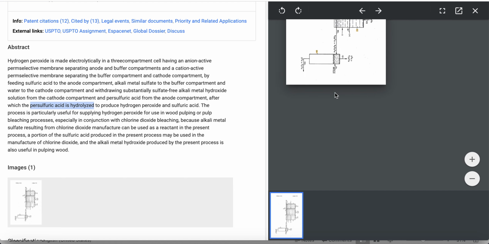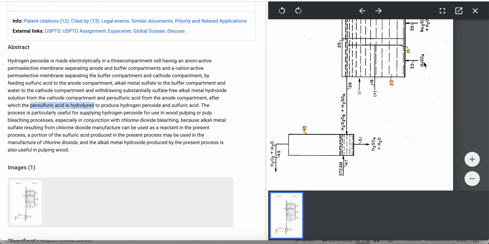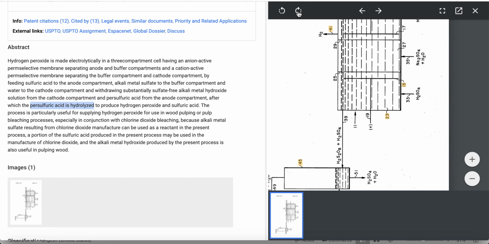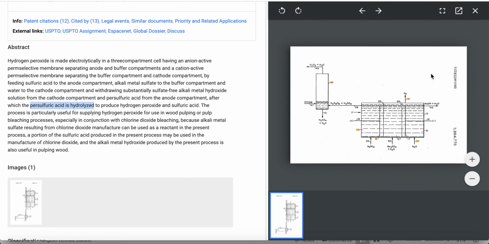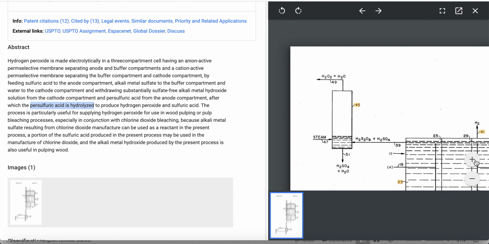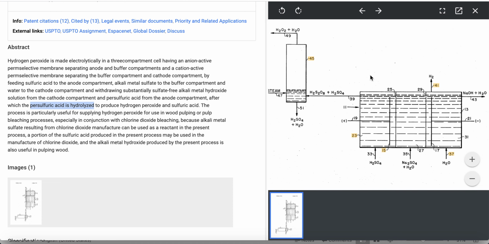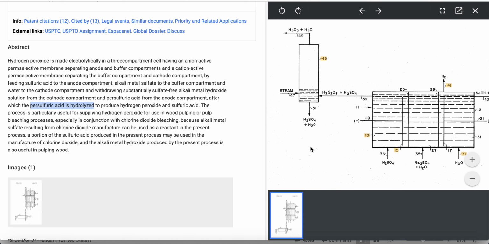If you look here in this picture, let me rotate it. You'll see that this is sulfuric acid, this is Na2SO4 plus H2O, this is water, and this is the whole patent. They produce hydrogen peroxide right here, and sulfuric acid, so H2S2O8 plus sulfuric acid.